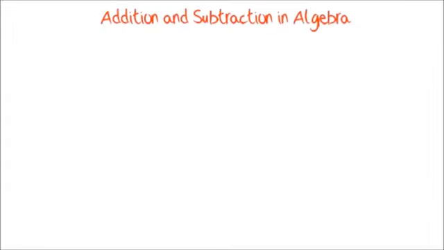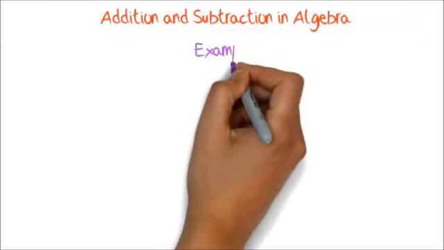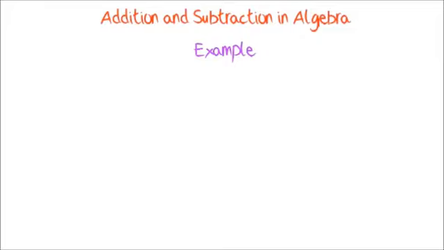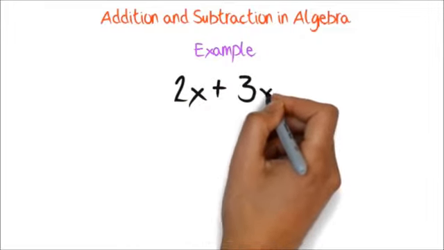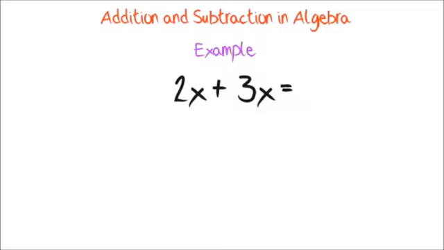Addition and subtraction in algebra. We can only add things if the letters and their exponents following them are exactly the same. Example: we can add 2x and 3x because they both have x following the numbers.